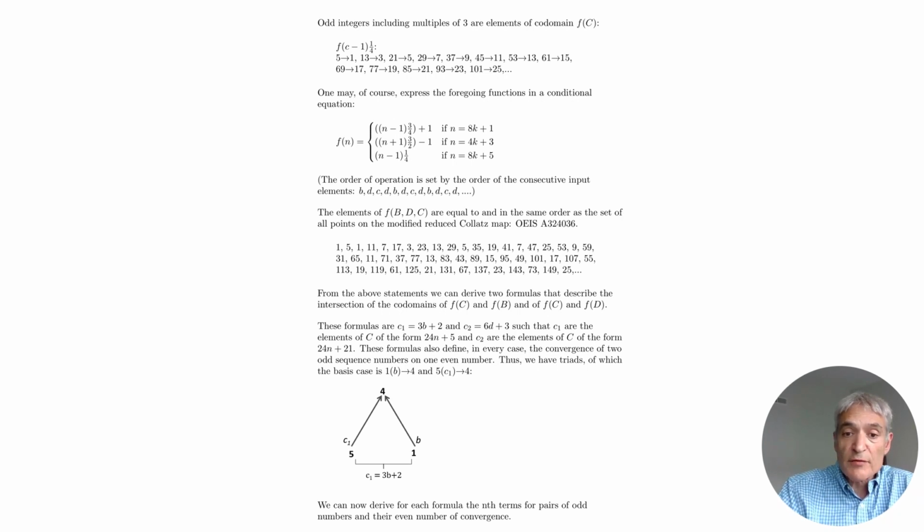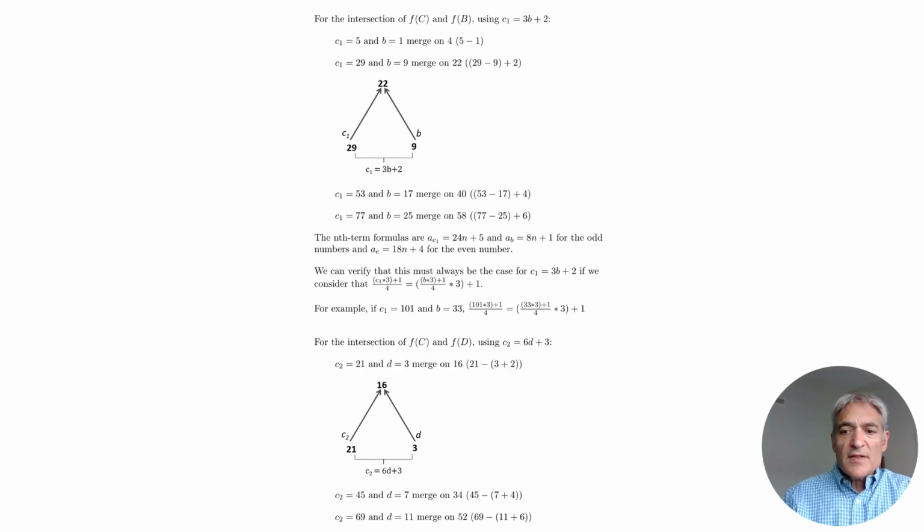We can now derive for each formula the nth terms for pairs of odd numbers and their even number of convergence. For the intersection of the codomains of the functions for set C and set B, using C subscript 1 equals 3b plus 2, we see the first case is the one already cited.